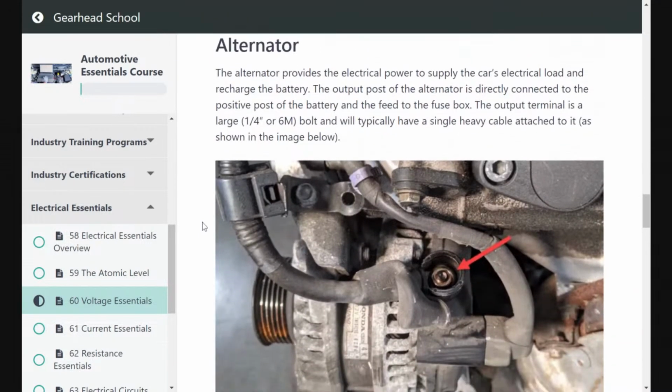And when we talk about voltage again, the alternator is a source of DC voltage. When the car is running, it's going to power the entire car plus recharge the battery. That cable, and I say cable because it's a large wire that comes off the positive output post of the alternator, goes directly to the battery positive post.